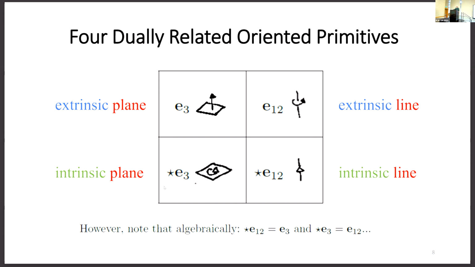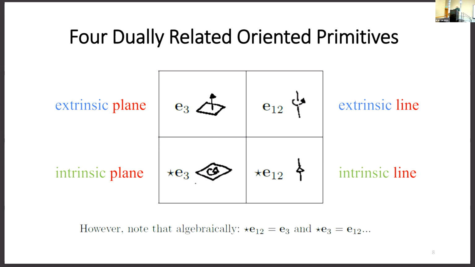And we would then say that the dual of that is something that I'm going to interpret as that same plane, but now with an orientation on its surface. But if you compute this dual, and I'll use the Hodge star, which I'll explain a slide later, then we find that this is actually closely related to the line, the extrinsic line, a line around an axis that points in the E12 direction. Algebraically, these two elements are each other's dual in this algebra.